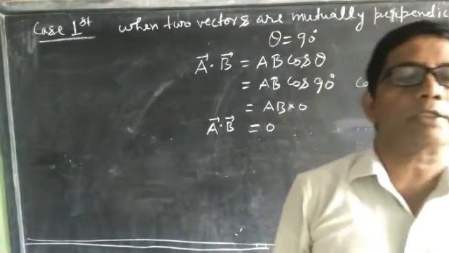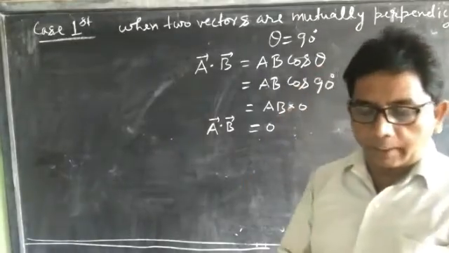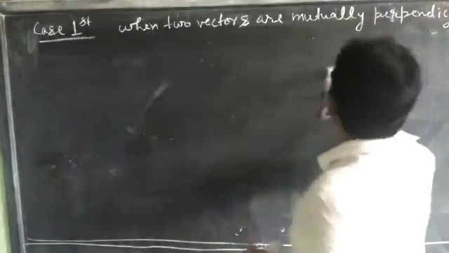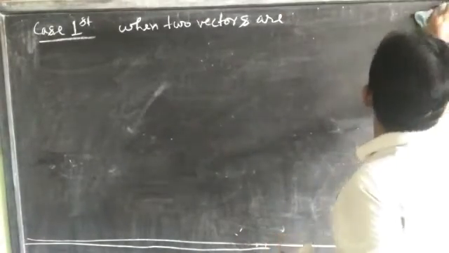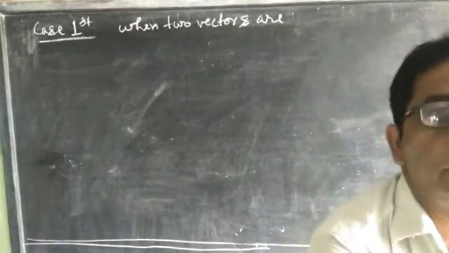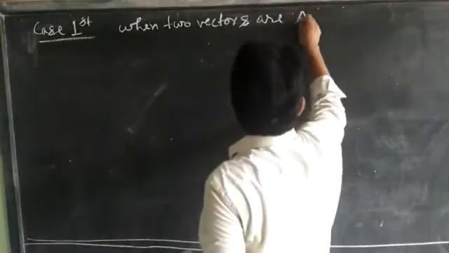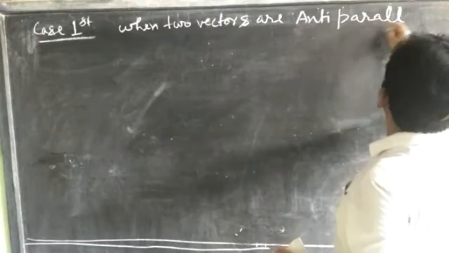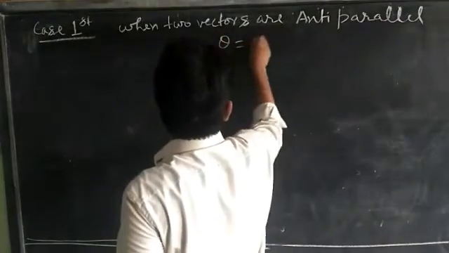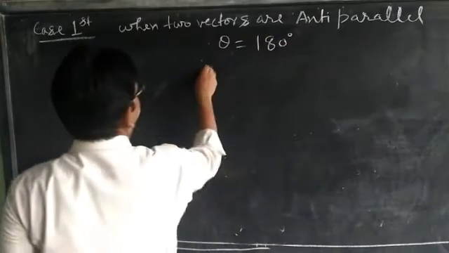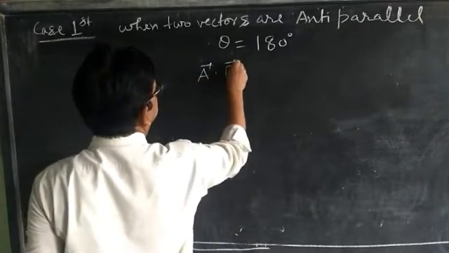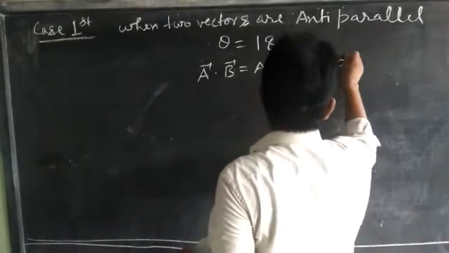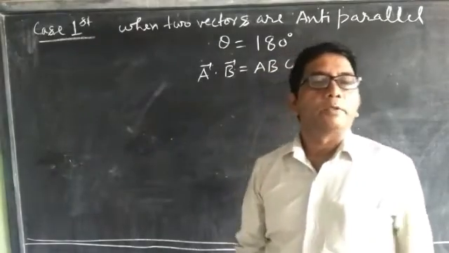Third case: when two vectors are anti-parallel, that is theta is equal to 180 degrees, and we know vector A dot vector B is equal to AB cos 180, and the value of cos 180 is -1.